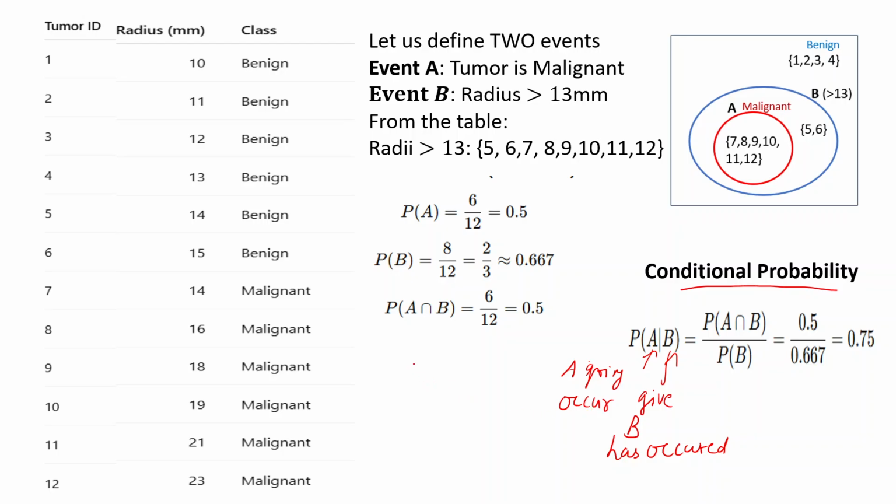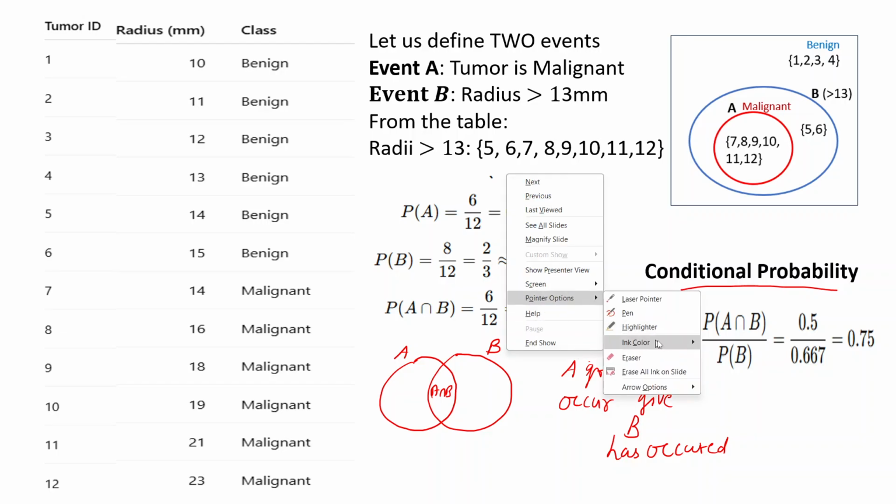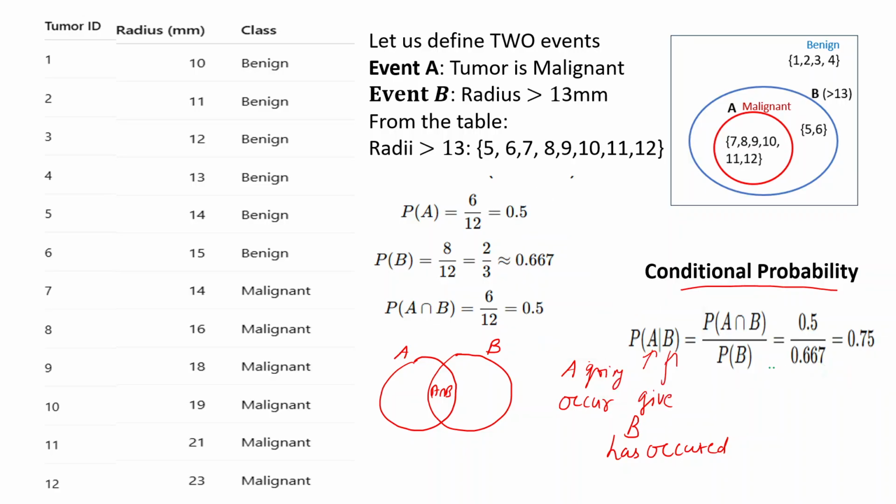To understand this, I will take the event A and the event B, and this is A intersection B. In this one, let me draw differently. This event has occurred, that is, the event B has occurred. Now we are asking, if B has occurred, what is the probability that A will occur?